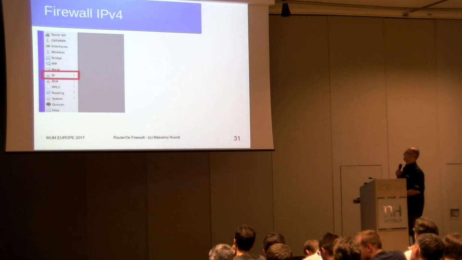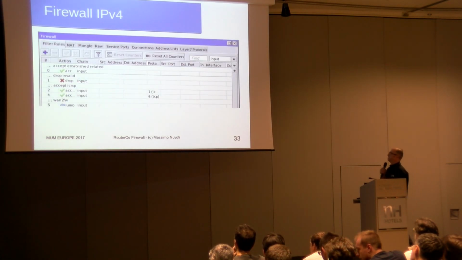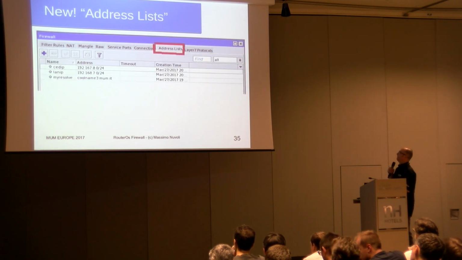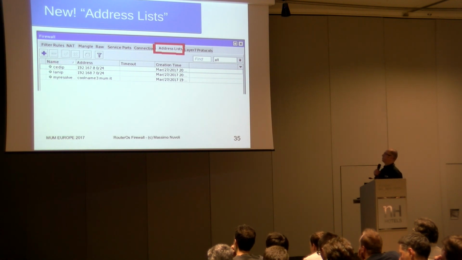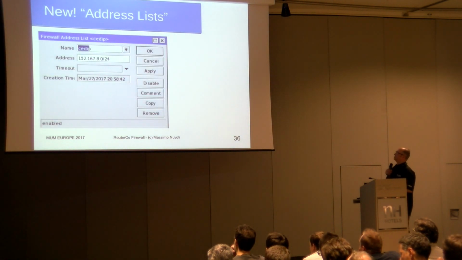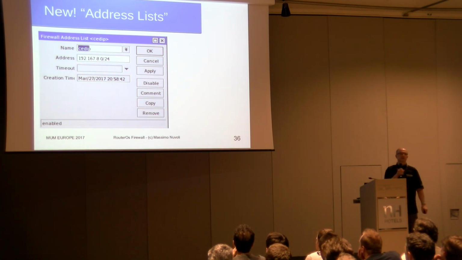Then this is where the IPv4 firewall address lists are. You see this is an example of an address. This is a network definition, and there is also a resolved name. This is the definition, this is the creation time, and you can also set a timeout.